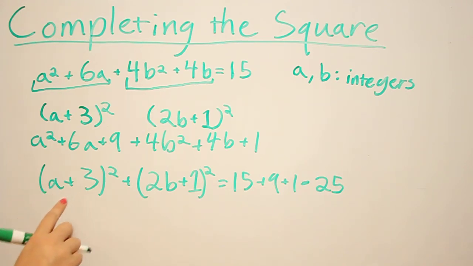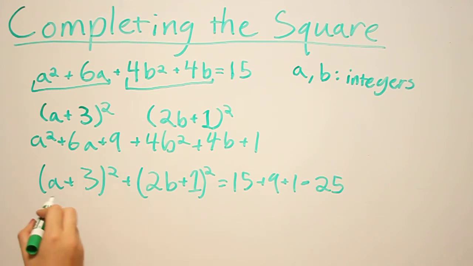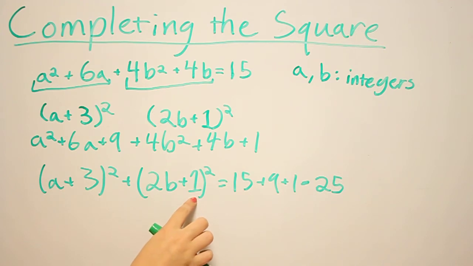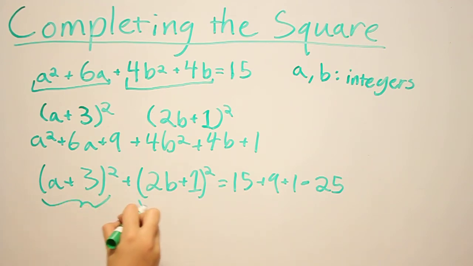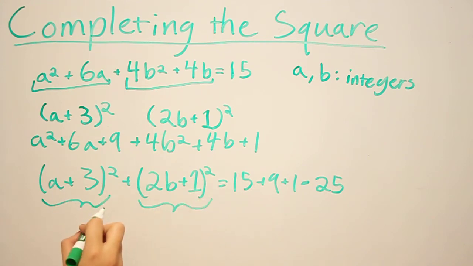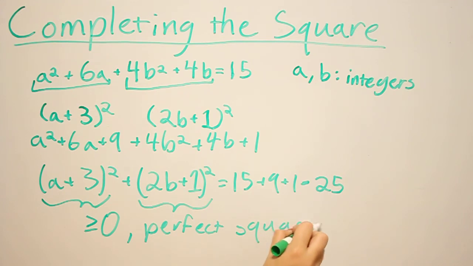Well, notice that since we said a and b were integers, we know that a plus 3 and 2b plus 1 are integers. So both of these squares have to be non-negative perfect squares. And there's only so many of those that add up to 25.